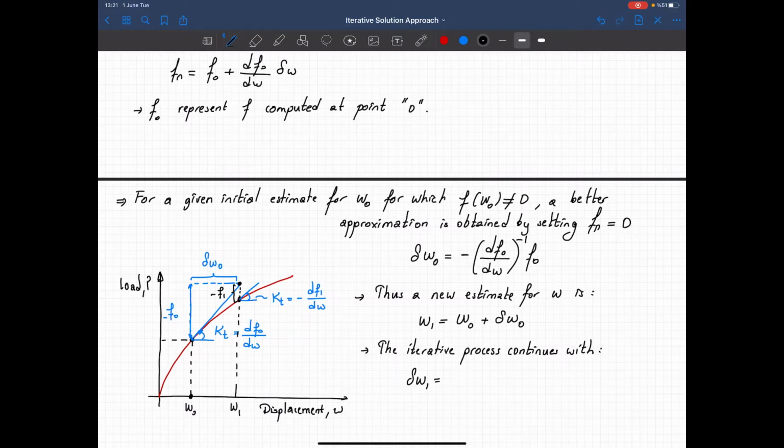And the displacement that we calculate will be this displacement, this is del w1, and del w1 will be equal to df1 over dw inverse multiplied with f1.